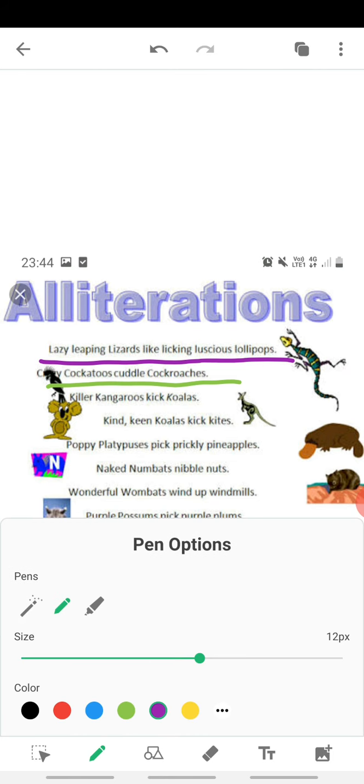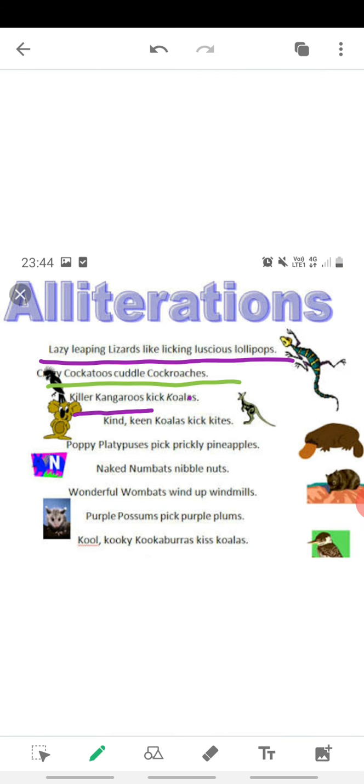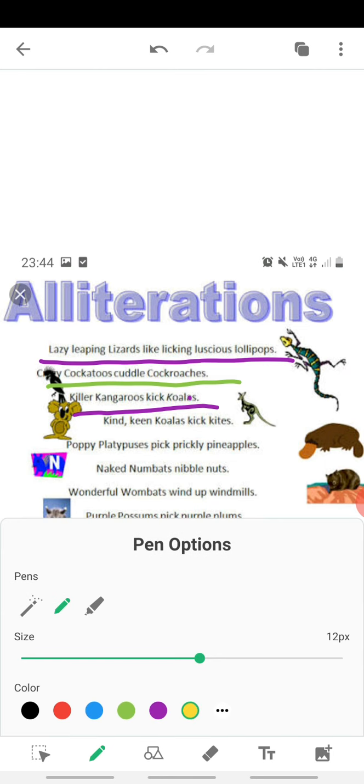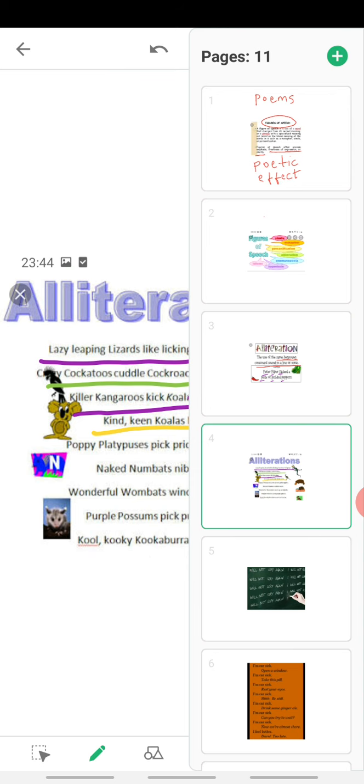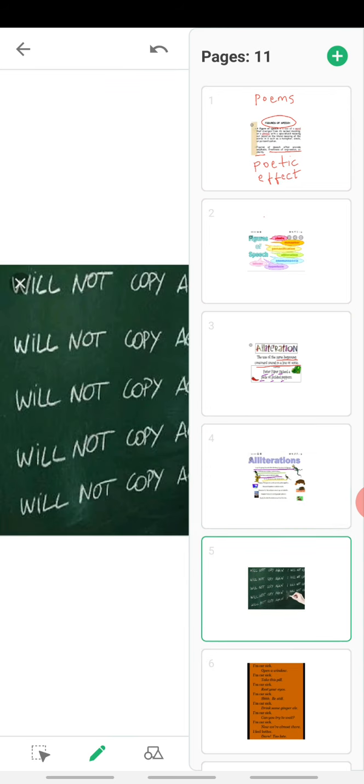Killer kangaroos kick koalas. K sound again. Look at another one. Kind, keen koalas kick kites. The K sound is there at the beginning of the words. So these are a few examples of alliteration.